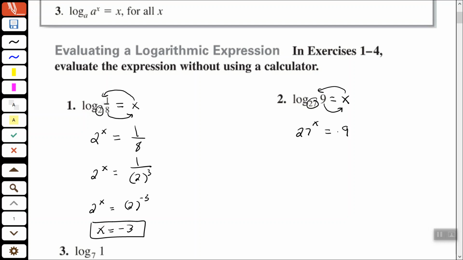Both can be written with a base of 3. So 27 is the same thing as 3 to the third power, so that becomes 3x up there. And 9 is the same thing as 3 to the second power. If I have the same base, then I can set those exponents equal to each other and solve for x. Dividing both sides by 3, x equals 2/3. Therefore, log base 27 of 9 is equal to 2/3.